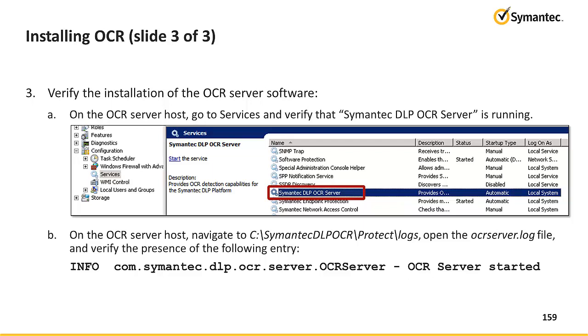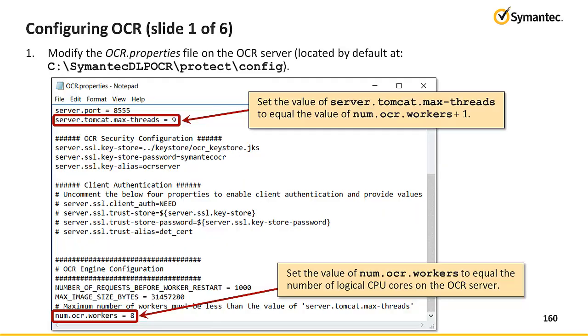Then open the OCR server.log file and confirm the presence of the following entry: INFO com.symantec.dlp.ocr.server.ocr server - OCR server started.